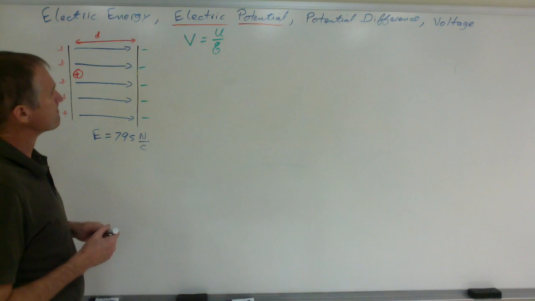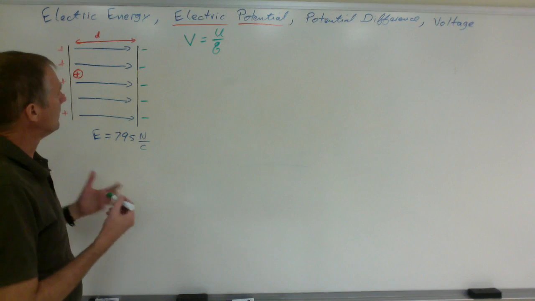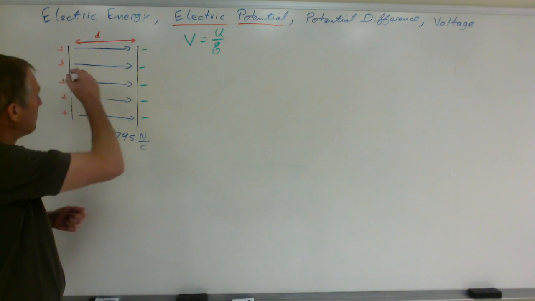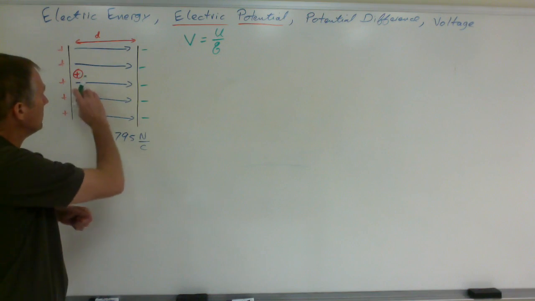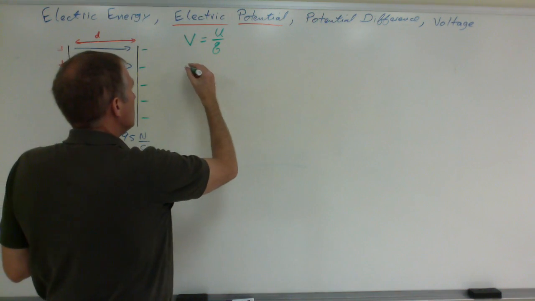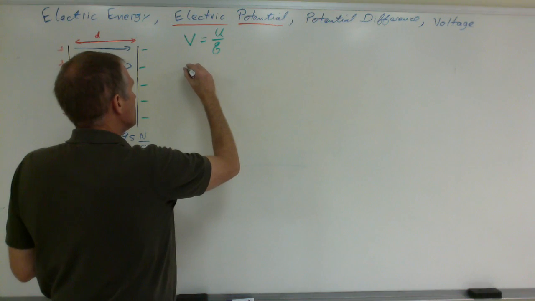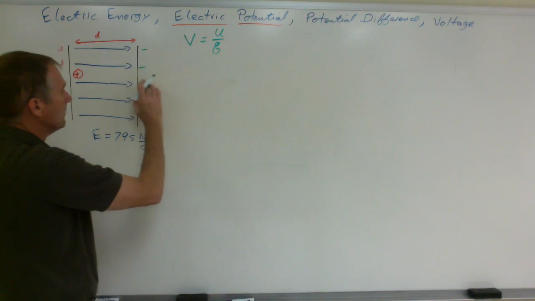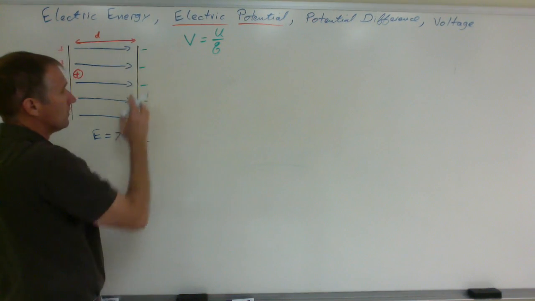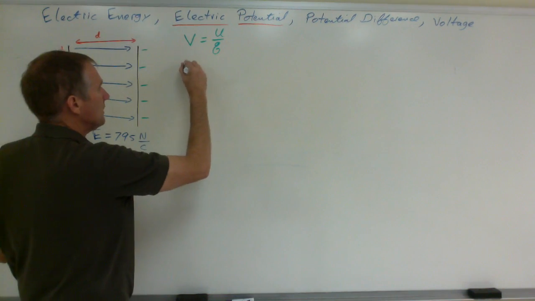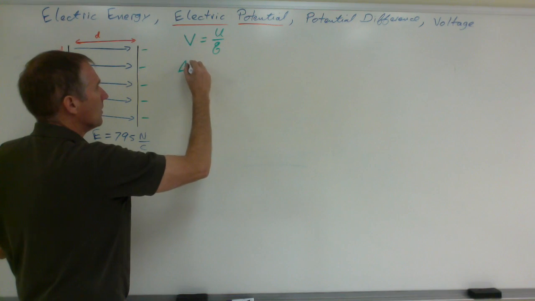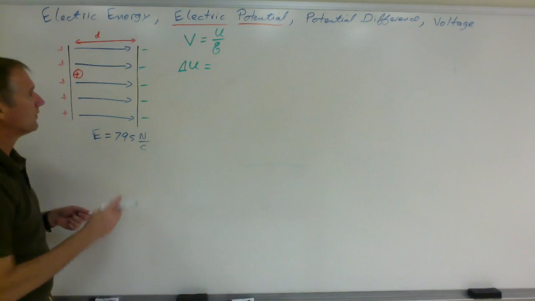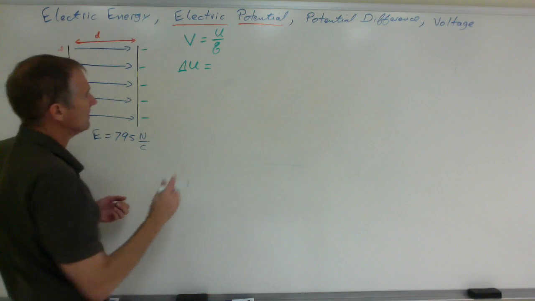Okay, so I want to talk about a few things here. I want to look at what happens to its potential energy as it goes from one side to the next. You know that as it loses potential energy, because again, it's going to go from Ui to Uf, and Uf over here would be 0 once it gets to the negative plate. So as it changes its potential energy, it's going to gain kinetic energy.